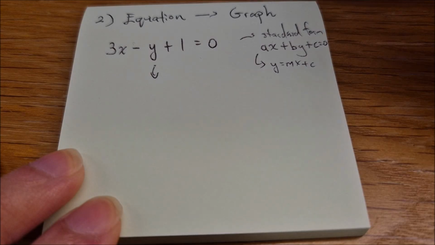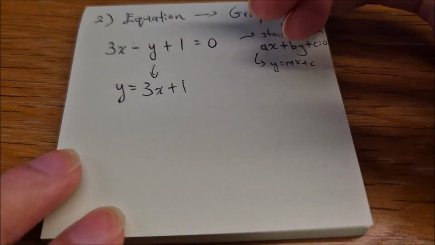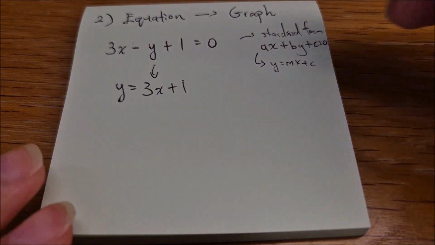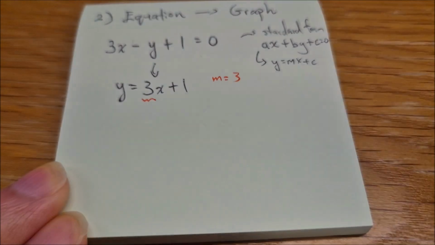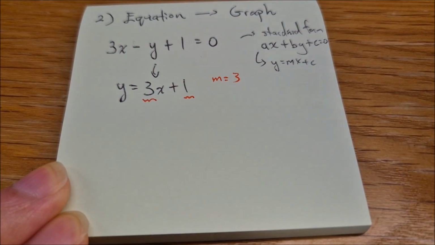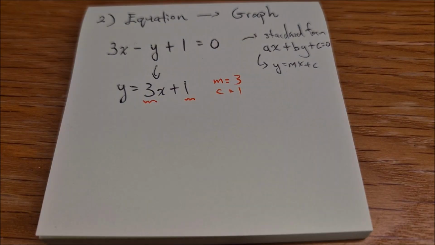So it's a simple example. y equals 3x plus 1. From this, we already know what our gradient is. So m equals 3, and our y-intercept is just 1. Now, how do we go about drawing a graph?